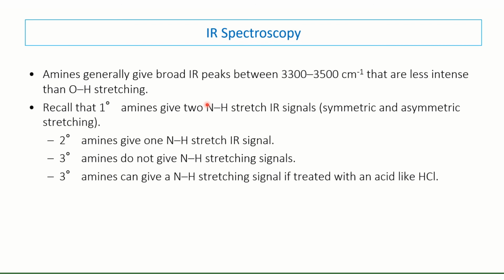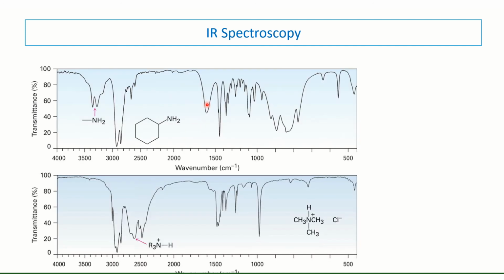The primary amine, of course, will give you 2 NH stretches because of the C3V. The secondary amine will give you 1 NH, and of course tertiaries do not give you any NH unless you treat it with a bit of acid, and then you convert it into the ammonium salt with 1 hydrogen, and then you will see that NH.